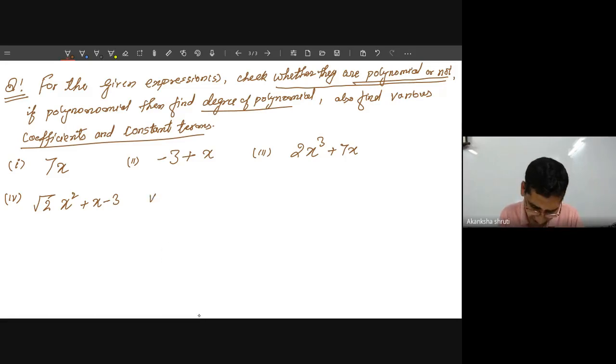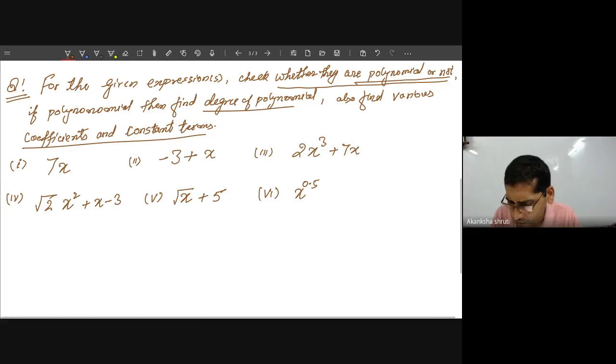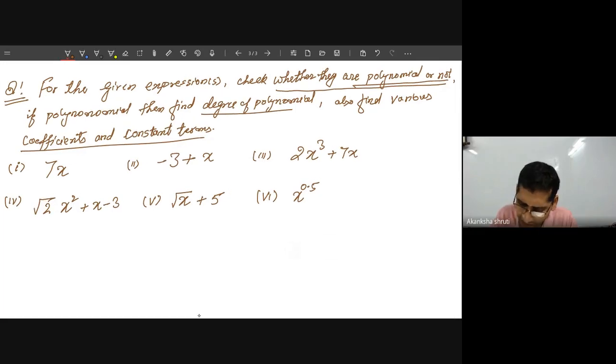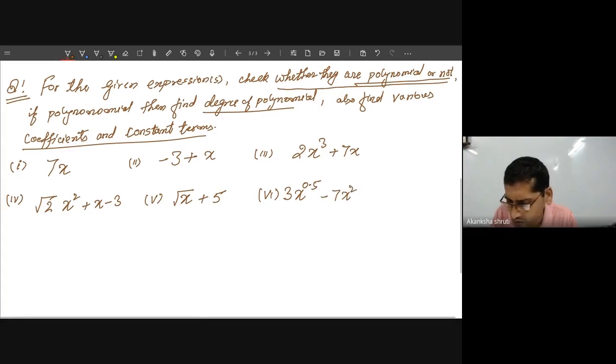The fifth one is x or under root of x plus 5. The sixth one is x to the power 0.5 or 3x to the power 0.5 minus 7x square plus 5.